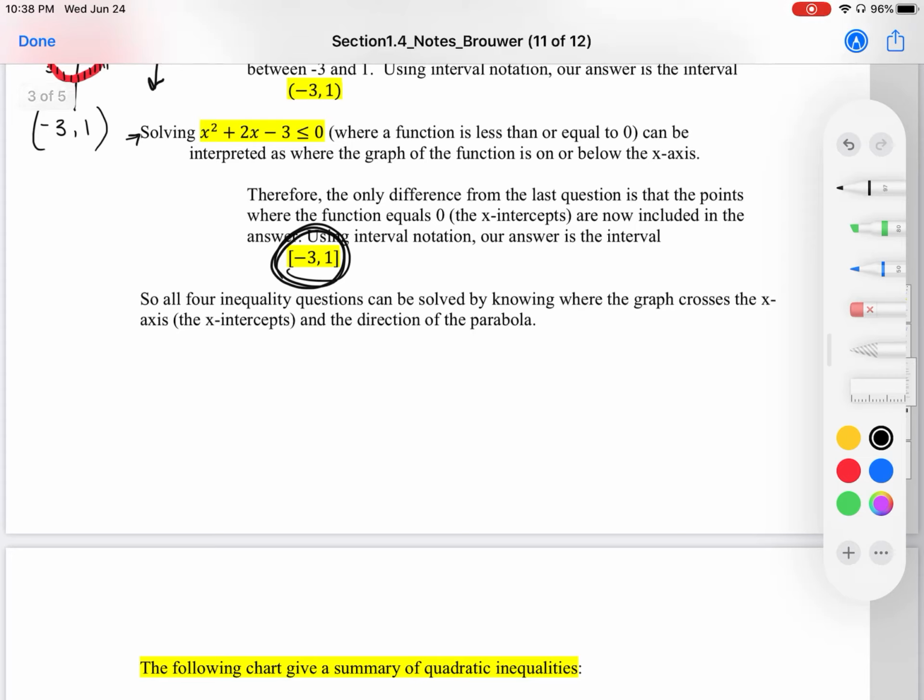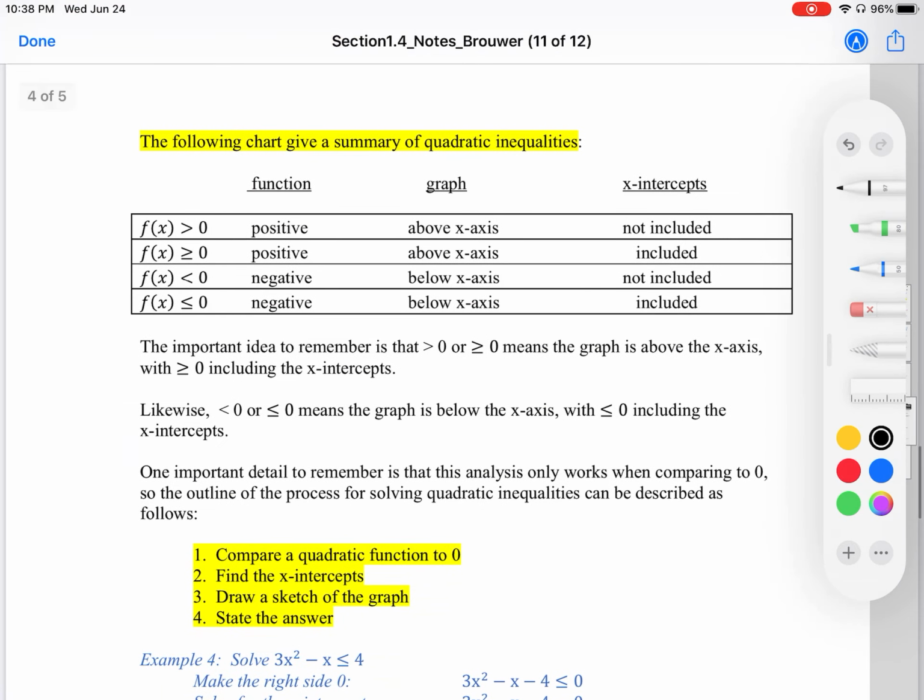So all 4 inequality questions can be solved by knowing where the graph crosses the x-axis, the x-intercepts, and the direction of the parabola. And here it gives you a quick chart to let you know.